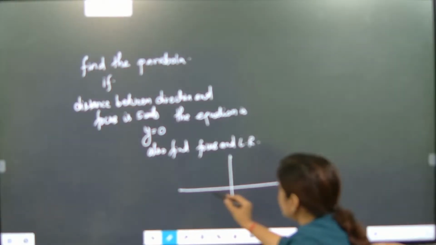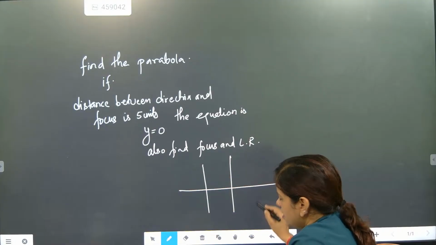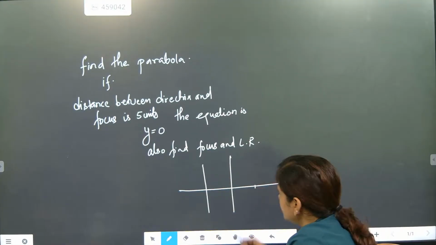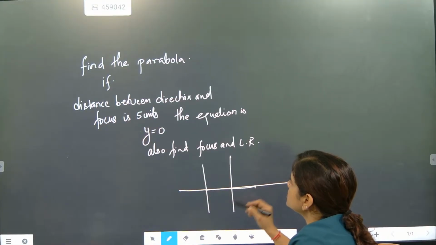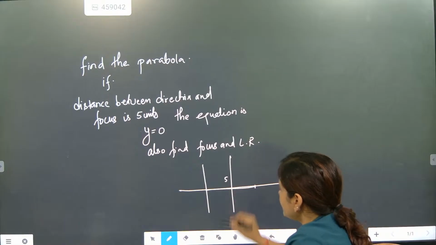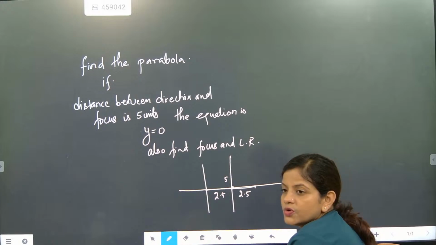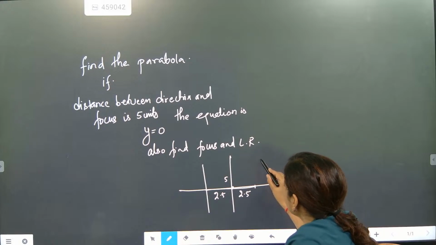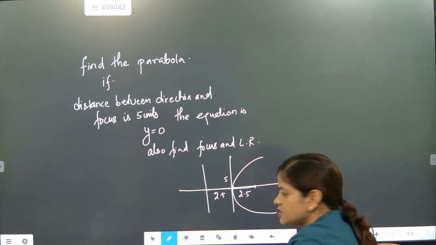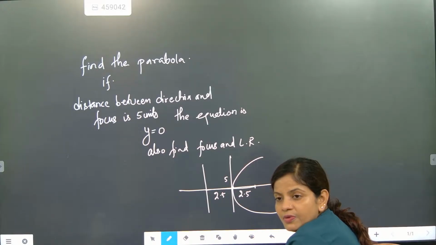Now they have told the distance between the directrix and the focus. So total distance between the directrix and focus is taken as 5 units. But we know that this is the midpoint. So this will become 2.5 and this one will become 2.5. The axis is y equal to 0, so the y part will become 0. Here both possibilities are there.